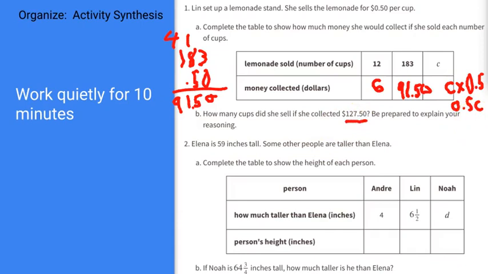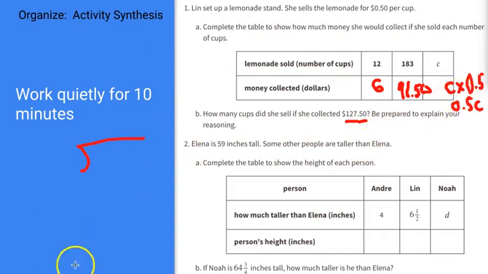She collected $127.50. How many cups is that? Well, same sort of process, right? We're going to actually have to, in this case, divide out, because we're really trying to find the C in this. So we're going to end up dividing out, right?